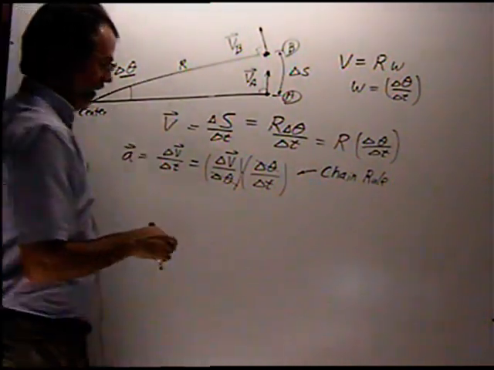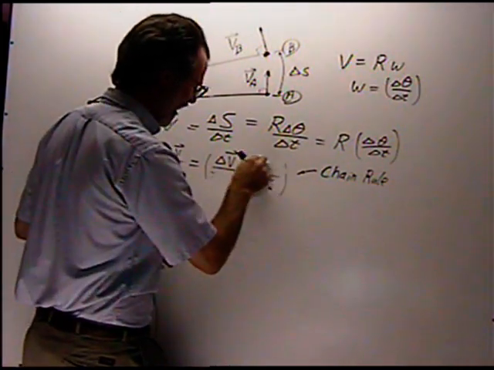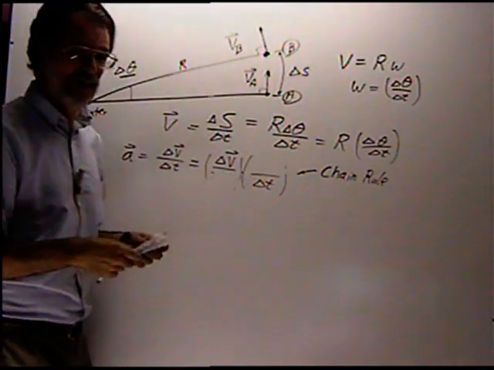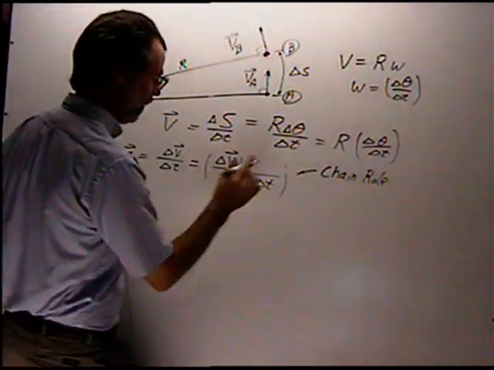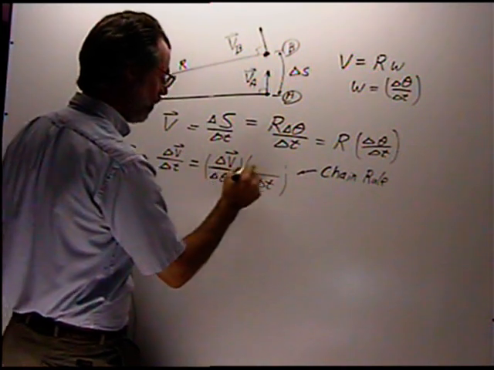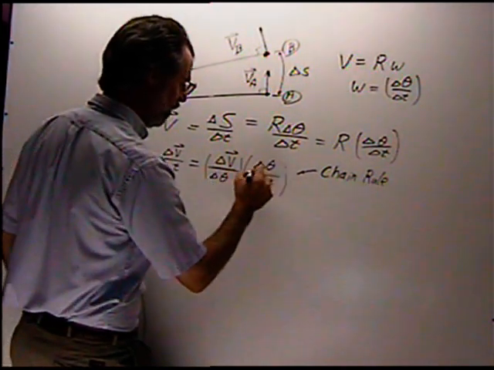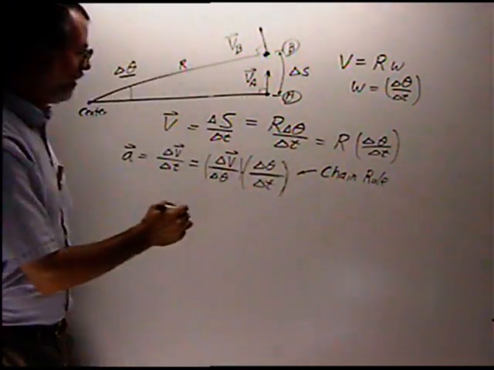Now, why do we do this? Because it gets us where we want to go. It's a little bit of a mathematical trick, but there's a good reason to do it. So I'm going to divide by delta theta, and then multiply by delta theta, right here. Now, immediately, what can we see?